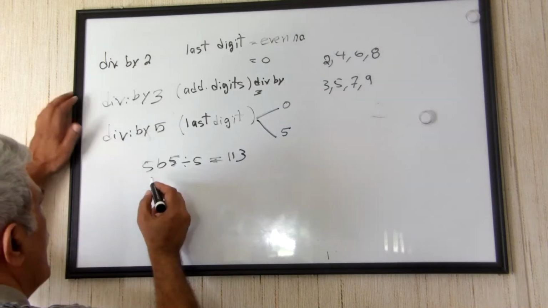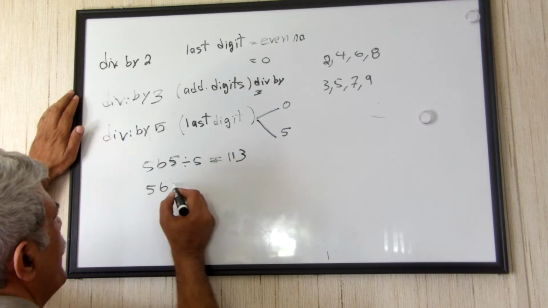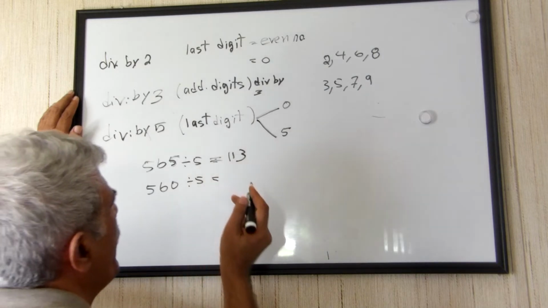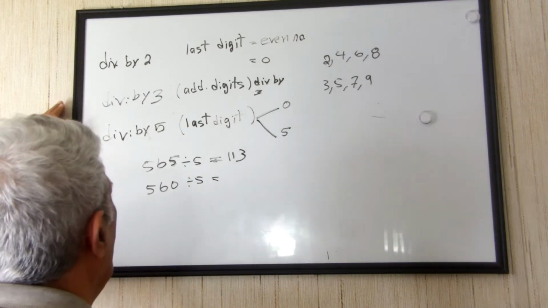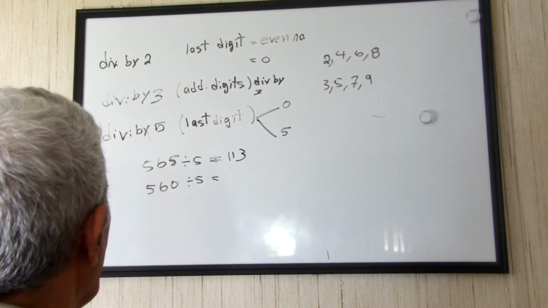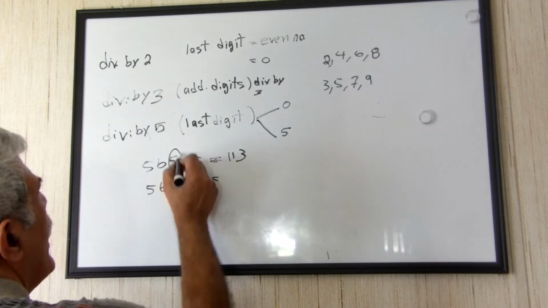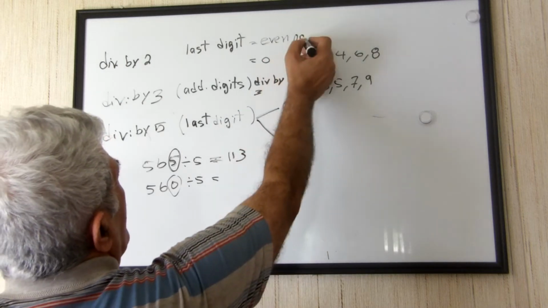So another example, it's the same, 560 for example. We can divide it by 5 too, no remainder. It's divisible by 5. So the last digit is either 0 or 5.